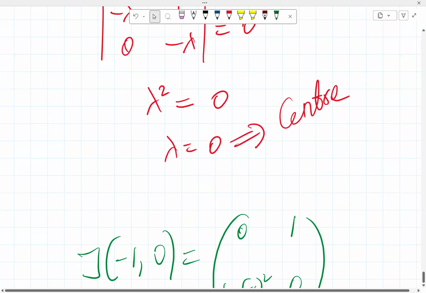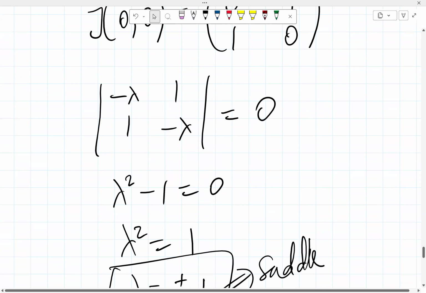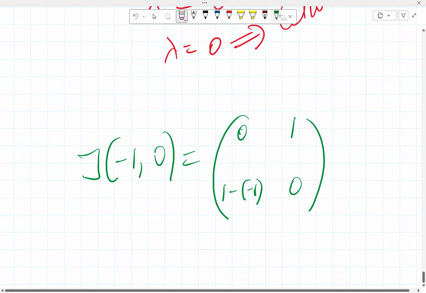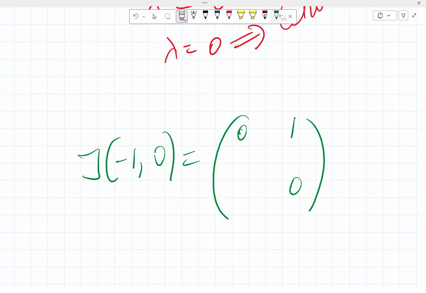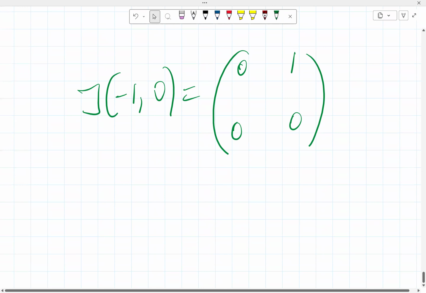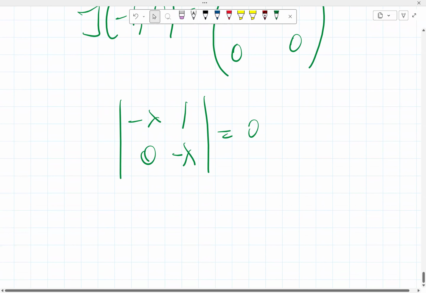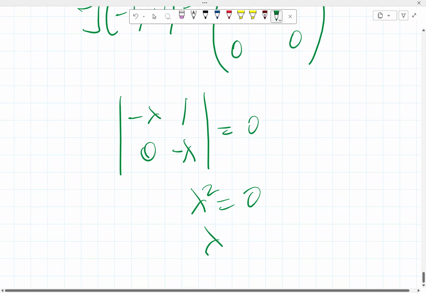Minus 1 squared is 1, and 1 minus 1 is 0. It's exactly what we did before. So this is the determinant of minus lambda, 1, 0, minus lambda, equals 0. That's simply lambda squared equals 0, so lambda is equal to 0. Again, we have a center.